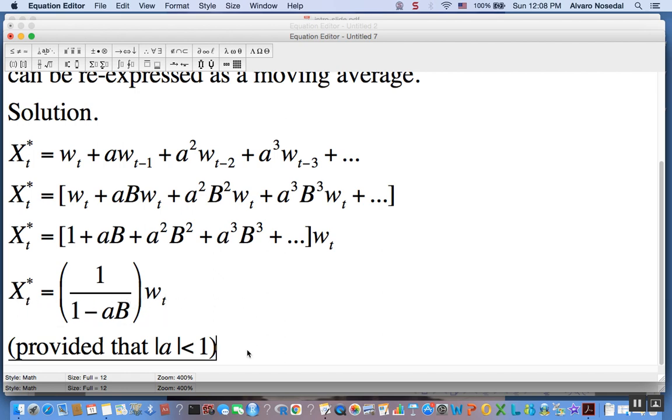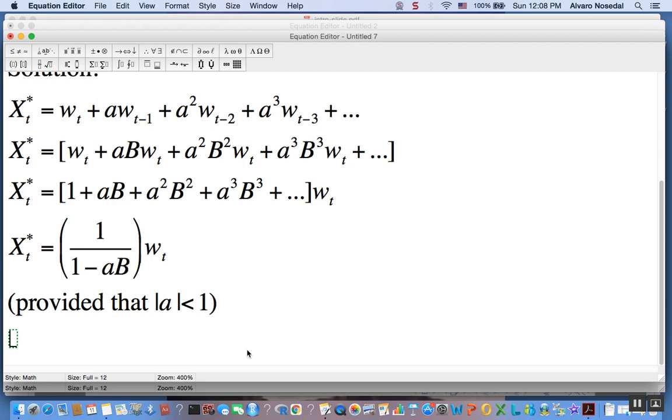What we're going to be doing next is we're going to be showing that these operators have inverses. Okay, so I'm going to apply the 1 minus ab operator on both sides of this expression here. Okay, let's give it a shot.